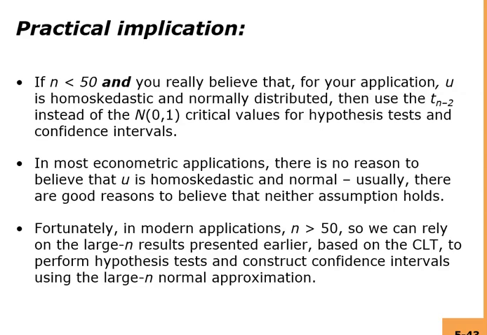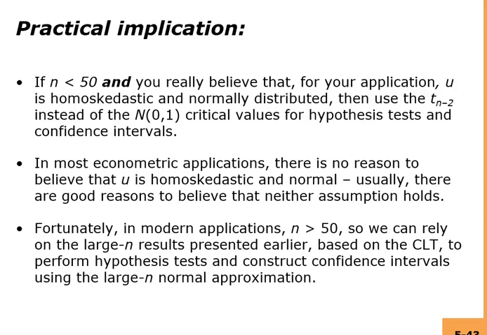But if that is not the case, meaning if your n is greater than 50 and you have reason to believe that your error terms are not homoskedastic, they are in fact heteroskedastic, then you can go with the standard normal distribution. And just like I pointed out earlier, in most econometric applications there is no reason to believe that your error term is homoskedastic and normally distributed. So that is why it's always better to go with the standard normal distribution.